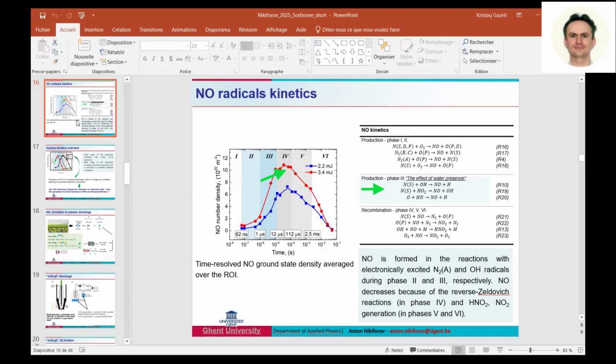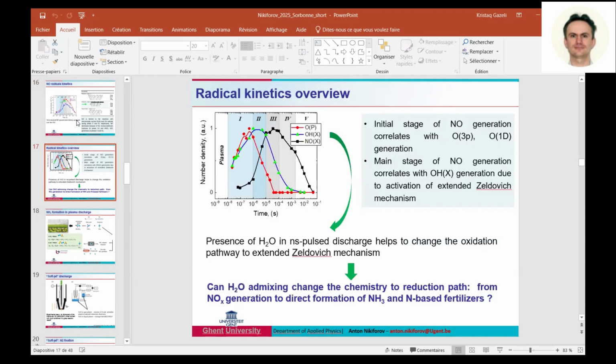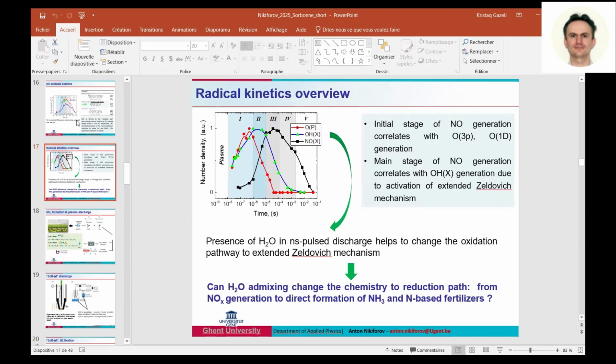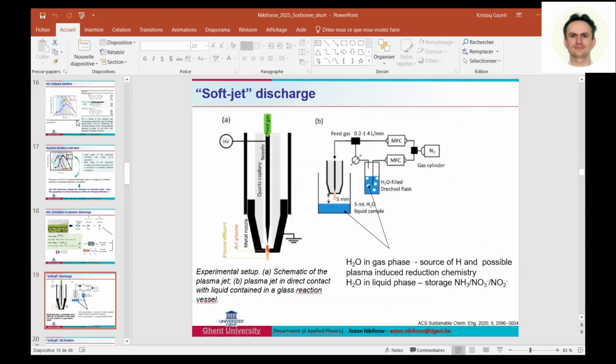It depends on concentration, because here we are speaking about 20% of water, and here we are speaking about 0.01, 0.1% of water only. So it's really a very different amount of water that we use.